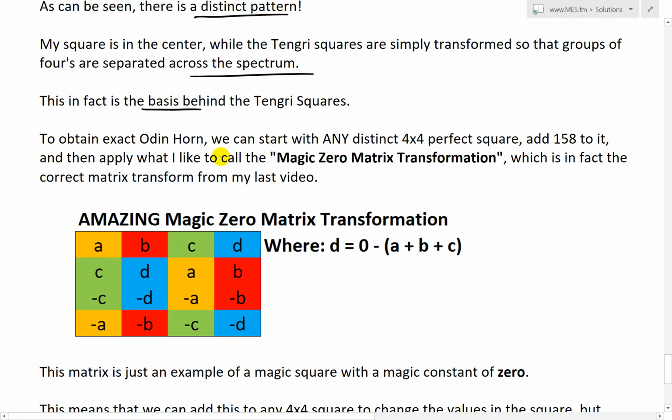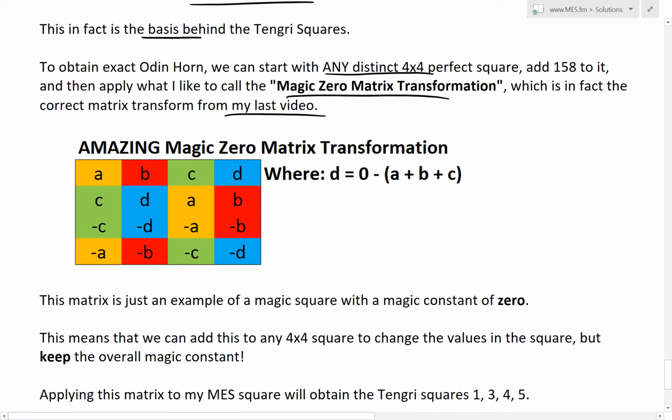To obtain the exact Odin horn, we can start with any distinct 4x4 square, add 158 to it, and then apply what I like to call the magic zero matrix transformation, which is the corrected transformation from my last video.